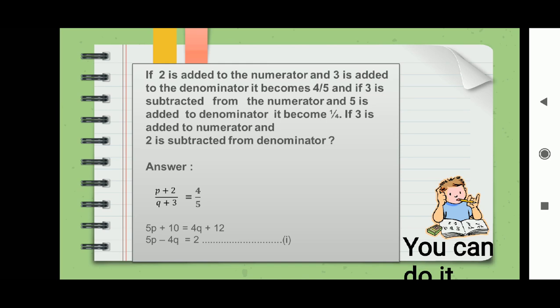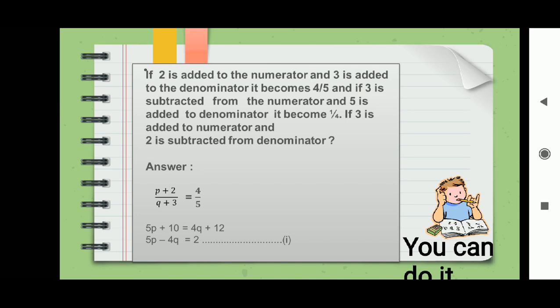Question 2. If 2 is added to the numerator and 3 is added to the denominator, it becomes 4 over 5. And if 3 is subtracted from the numerator and 5 is added to the denominator, it becomes 1 over 4. What is the fraction if 3 is added to the numerator and 2 is subtracted from the denominator?